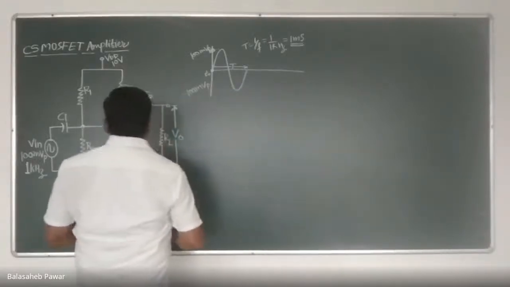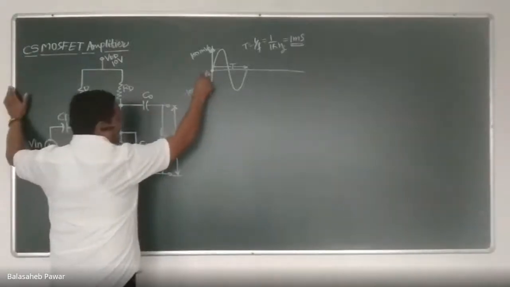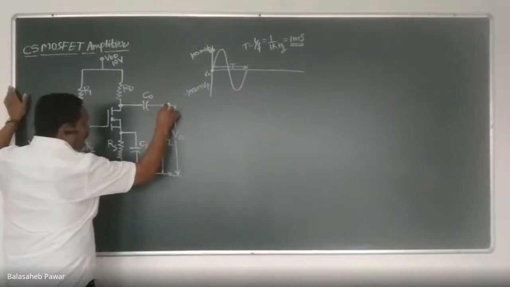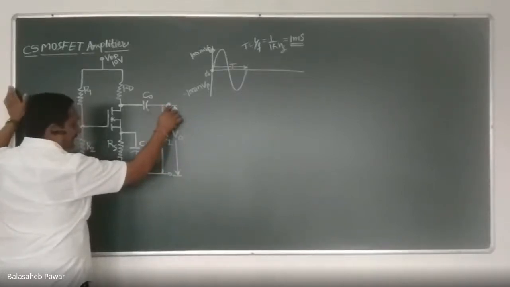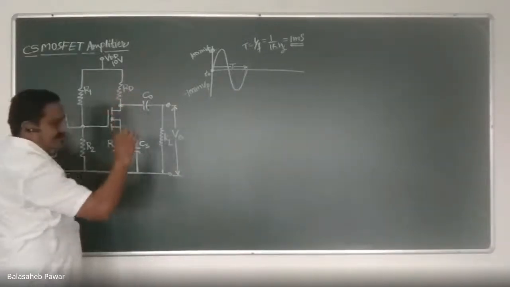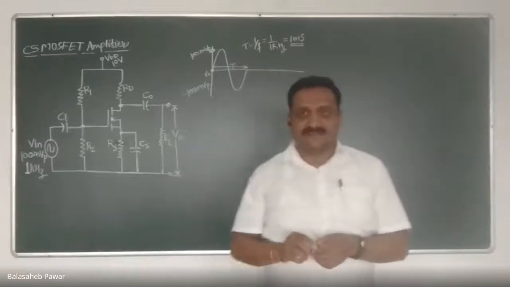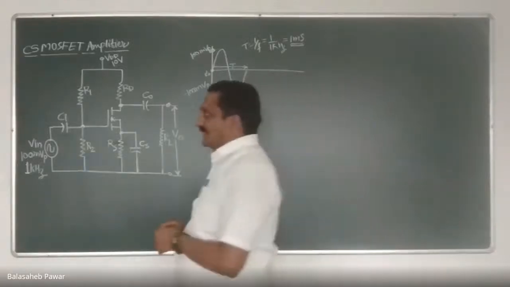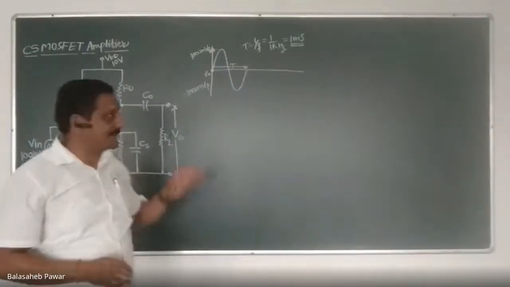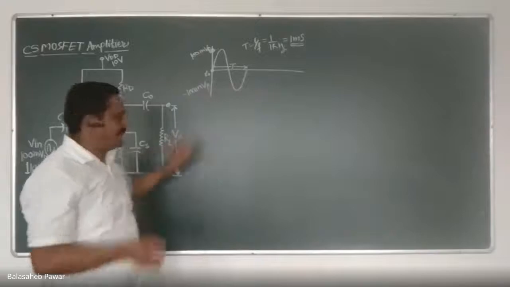Now, whenever that input signal is at 0, that is at T equals T0, my next question is, how much will be the output voltage over here? Current flowing through RD will be non-zero, right? DC current. I think we consider it as a 2 milliampere DC current in the absence of input signal, or when that input signal is at 0 level, right?